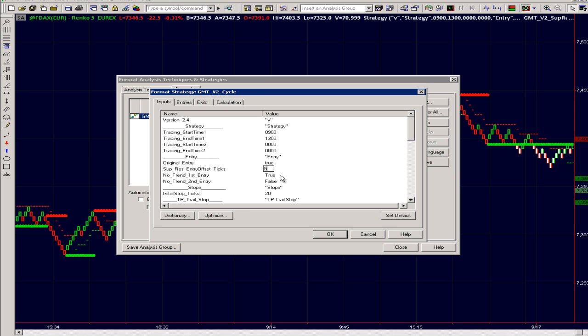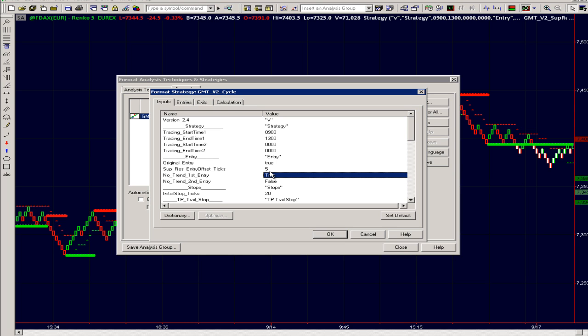Sometimes I was getting slippage on the breakout strategies or the trend trader on the DAX, but I was getting some pretty good fills on the cycle trader. So this was my initial idea, and before we added the number 1, number 2 entry, no trend first, no trend second, the cycle trader was basically just these 4 time slots, the original entry and the support resistance offset.